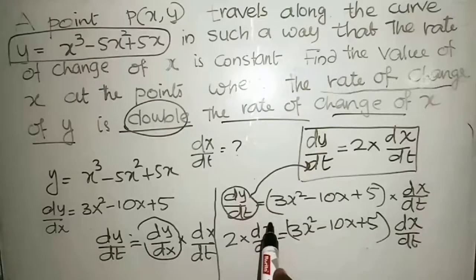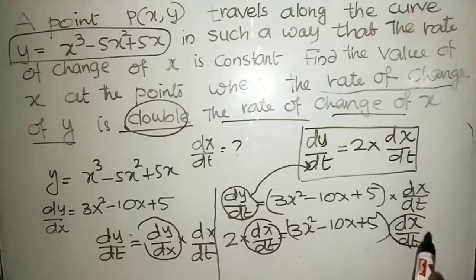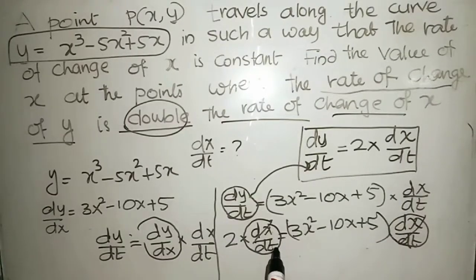So you see, on both sides we can find a dx by dt. That means it gets cancelled. How does it get cancelled? When it comes to this side, it becomes reciprocal. So what do we get remaining?